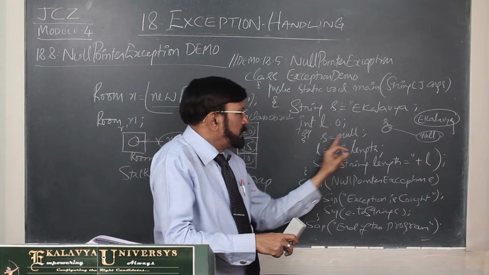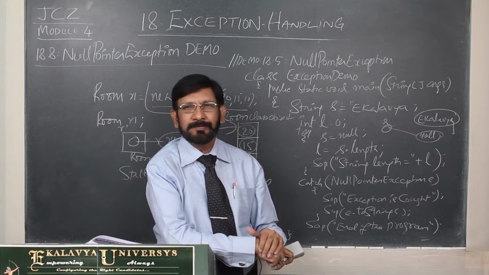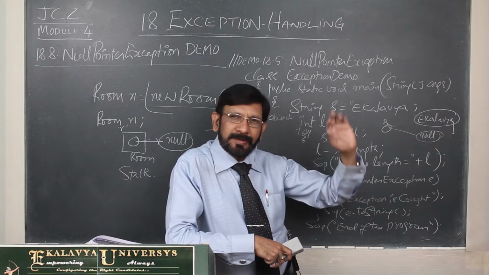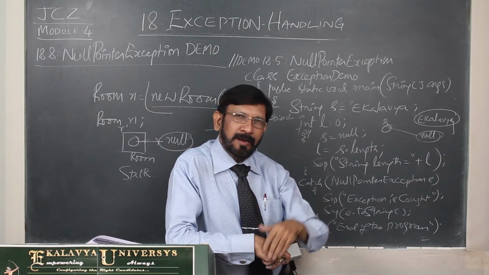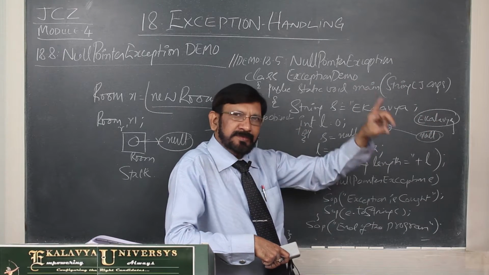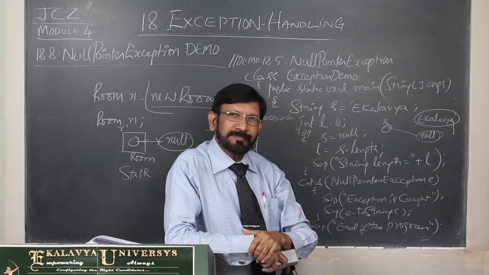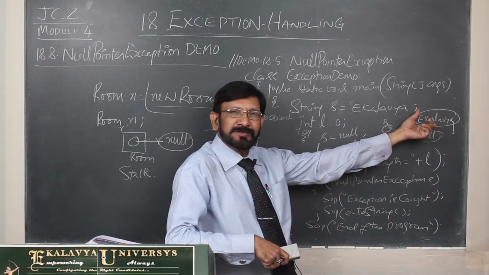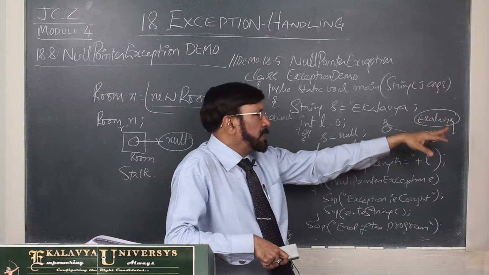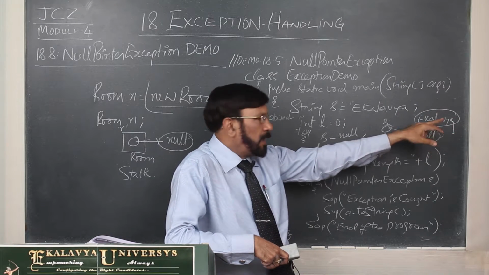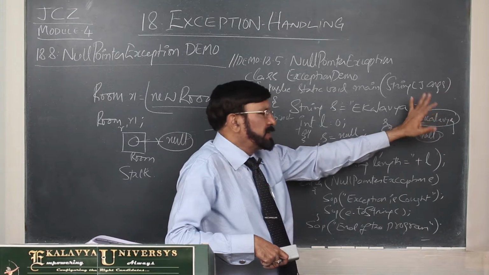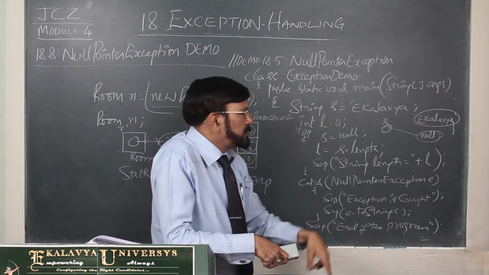Now you assign null to that, then what is the status of that? You try to recall, it is like a kite in the sky without the string, that means it is garbage. A garbage collector will collect it and recycle the memory, that is why the memory is cleared. Of course, that is a different issue.